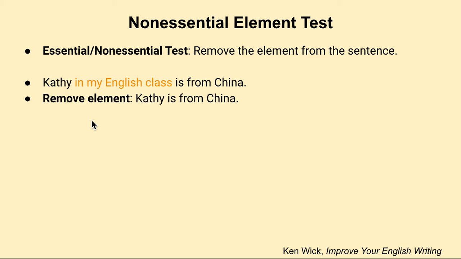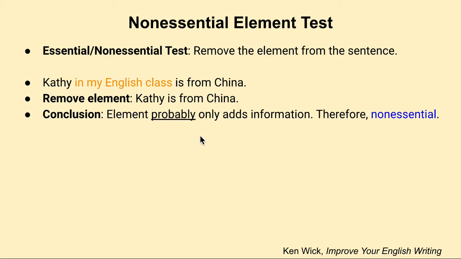Well, let's remove it from the sentence. Kathy is from China. I would say the fundamental concept or idea or the meaning of the sentence has not been modified or changed. Kathy in my English class is from China. Now the conclusion is the element is probably non-essential because it only adds information. We probably know who Kathy is from the context.